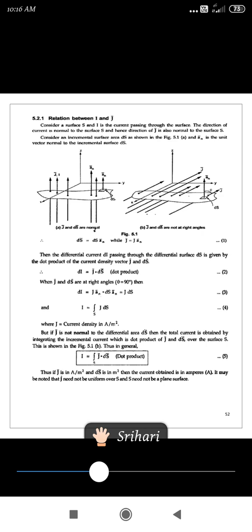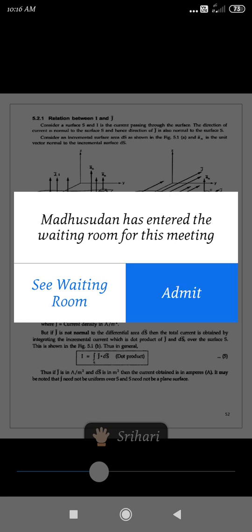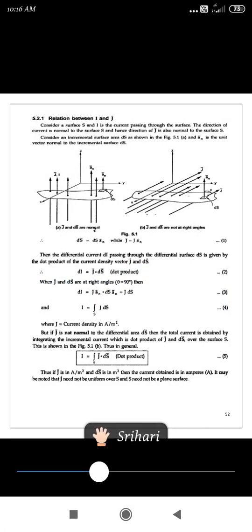But if the current density J is not normal to the differential area dS, then the total current is obtained by integrating the incremental current, which is the dot product of J and dS, over the surface S. Thus, in general, I is equal to the integral over S of J dot dS.